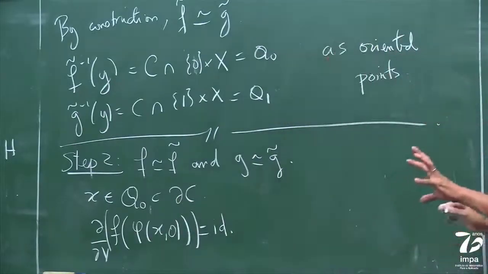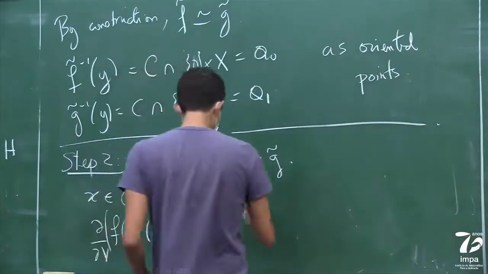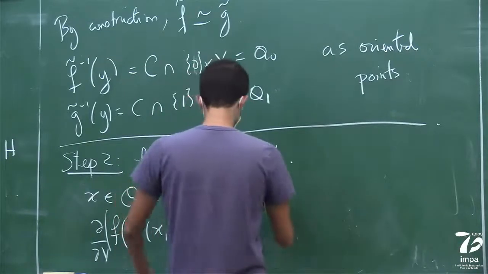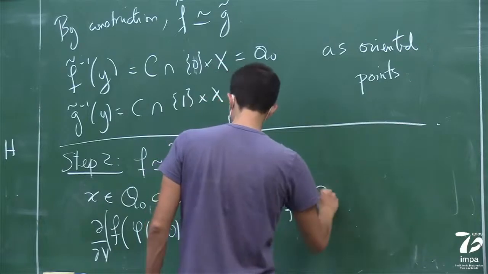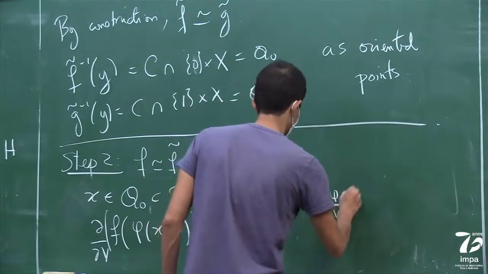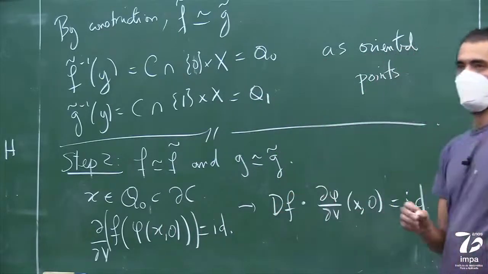So what's that saying? By the chain rule, this is the derivative of f times d phi dv at x0. And I want that to be the identity.